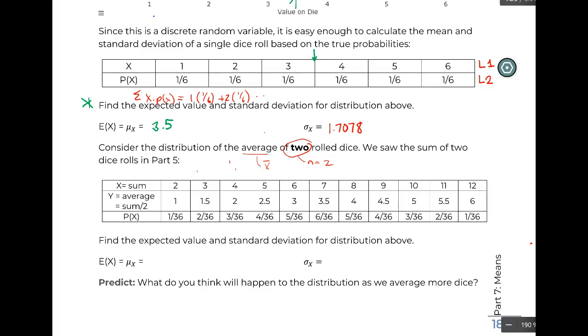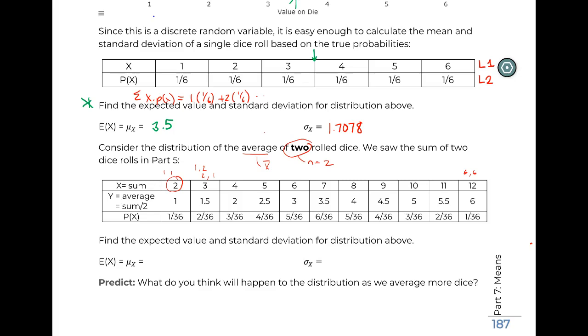In this case, the sums of our dice go anywhere from a 2, which is getting a 1 and a 1, to a 12, which means 6 and 6. Something like a 3 is more likely than that because there's a 1 and a 2, or a 2 and a 1. We did this entire distribution out; in fact, you can revisit the table from part 4, when we did the 2 dice.